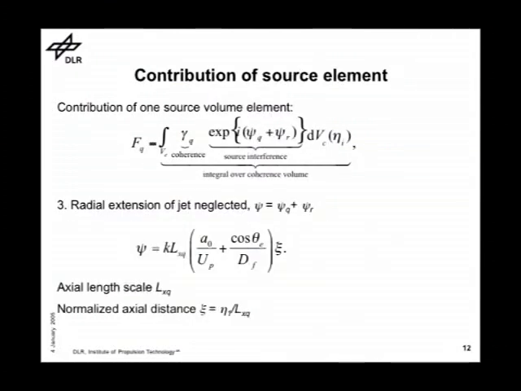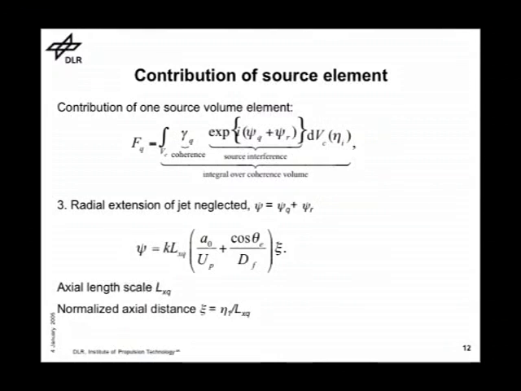And again, this equation for one source element, and now I make a very drastic assumption. I really use a very, very simple model. I assume that the radial extension of the jet is negligible, so the jet collapses to that one line. In that case, the retarded time difference between two source positions is described by this expression.